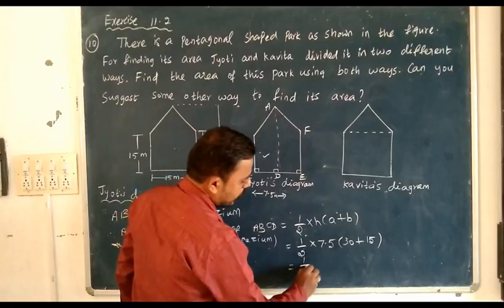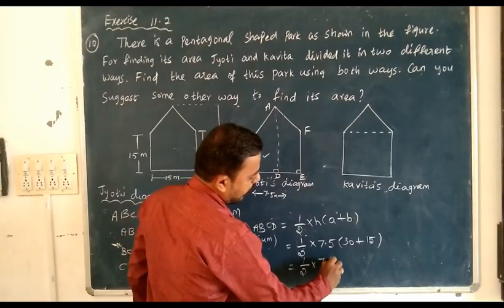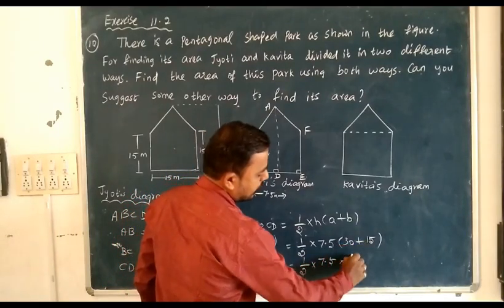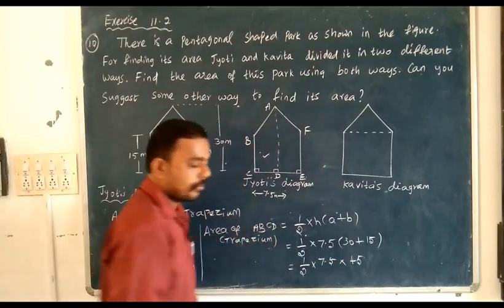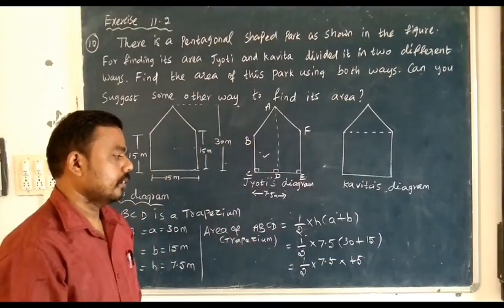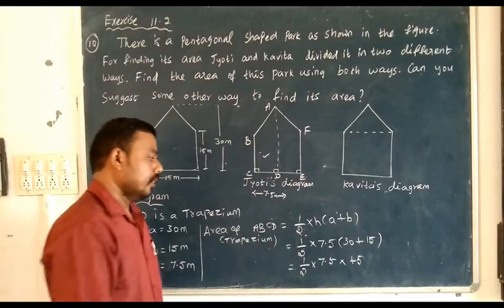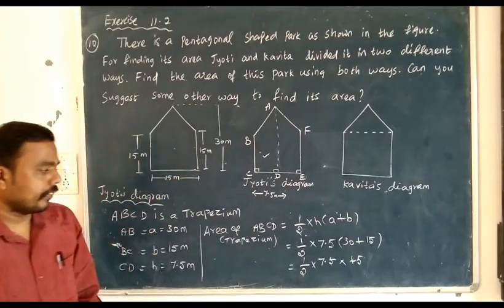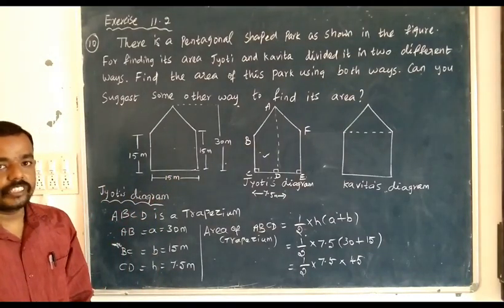So 1/2 into 7.5 into 30 plus 15, 45. Right. This is actually the area of the trapezium ABCD.